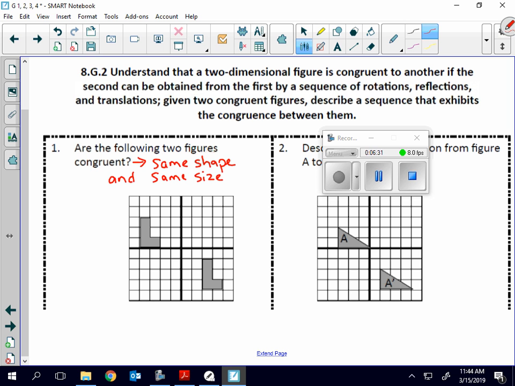It has to be the same shape and the same size. Do these 2 look the same? They look the same to me. Same shape, same size. So this answer is yes.